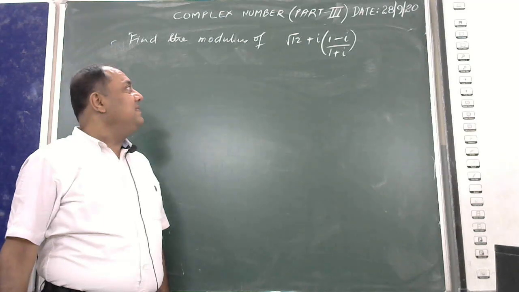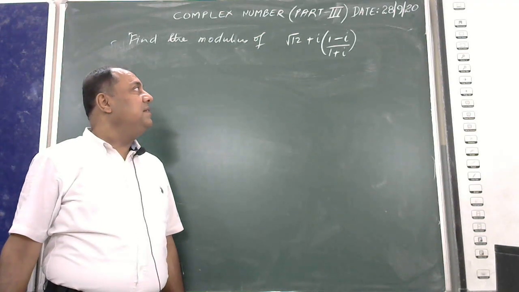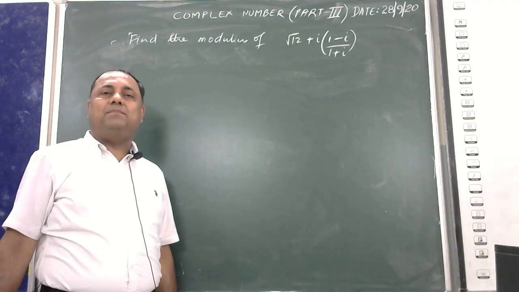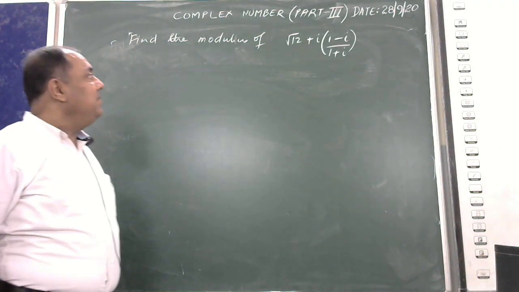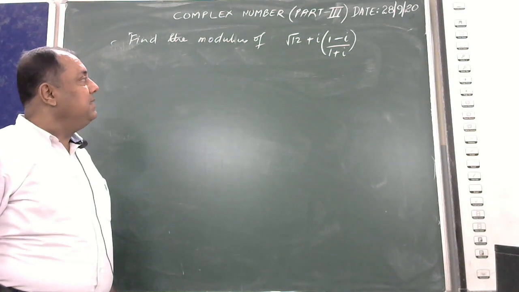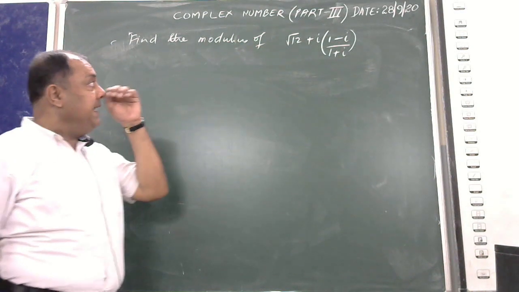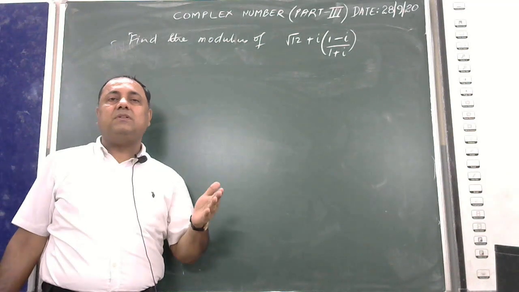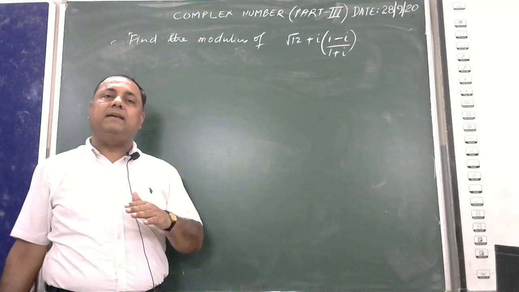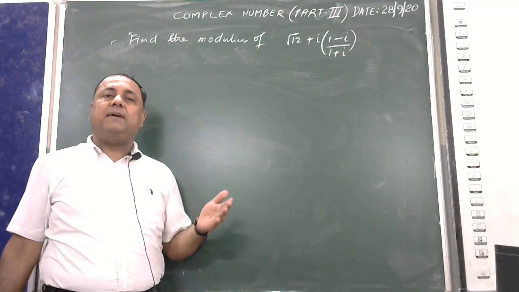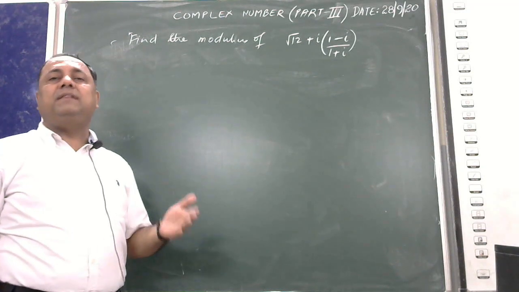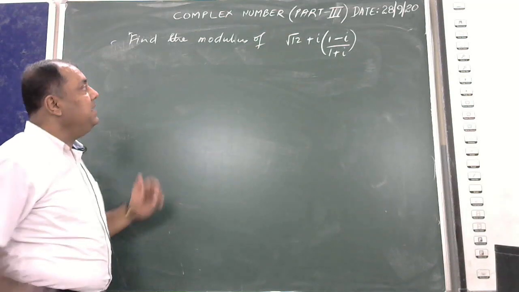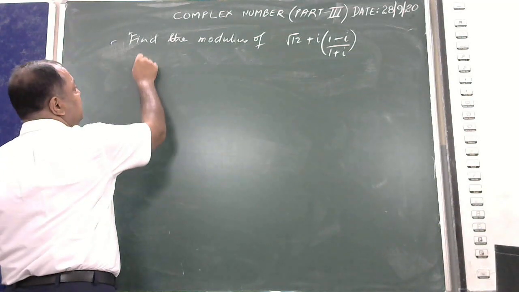This is a complex number, but it is not in x plus iy form. So our first part is to simplify this and express it in x plus iy form. Until I know what x is and what y is, I cannot determine its modulus or even the amplitude. So first and foremost, I will simplify this.